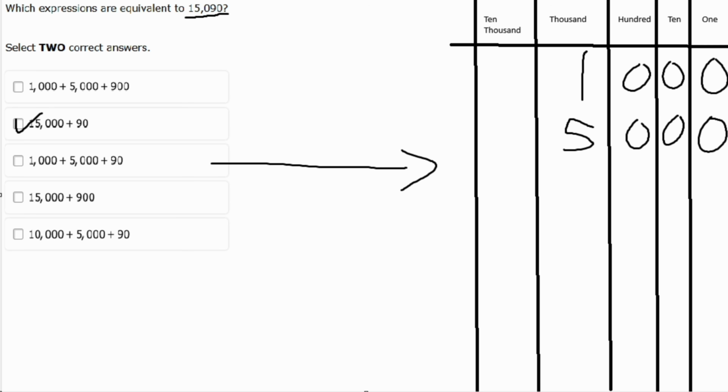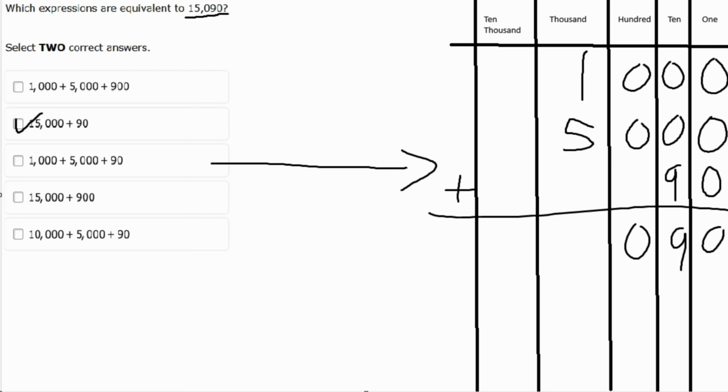Then we have a 0 in the ones place, and a 9 in the tens place. And we're going to add it together. And we end up getting a 9 in the tens, 0 in the hundreds, and a 6 in the thousands. This does not equal 15,090, so that answer choice is wrong.